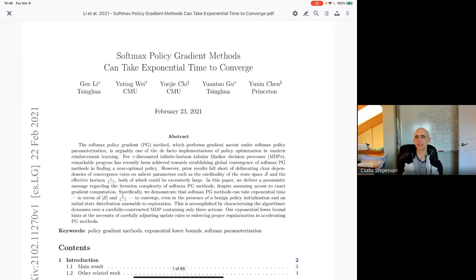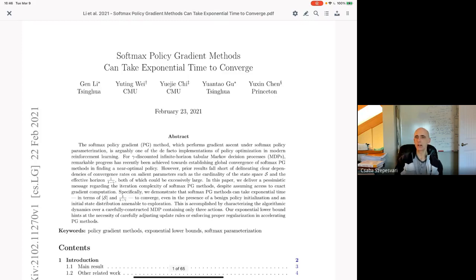This softmax policy gradient is exactly this Boltzmann class, this linear parametrization, but the features are just the trivial features, the tabular case, right?